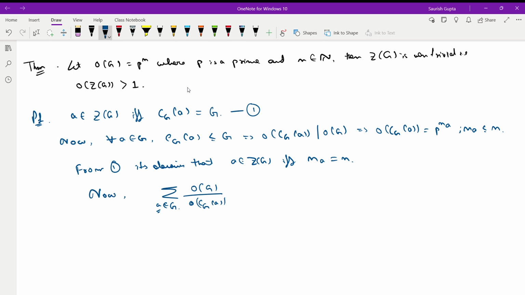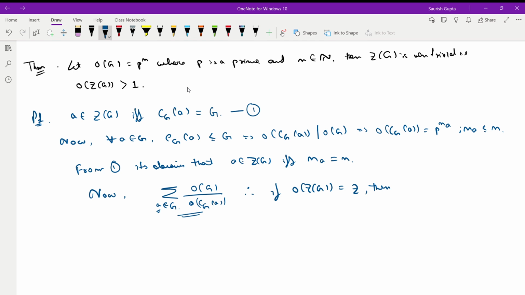The number of times we will be ending up with an element in the center, we will get 1 every time, right? Therefore, if the order of Z(G) equals z, then this summation will give us z plus the summation over the terms where n_A is less than n. What I specifically mean is that whenever A becomes an element in the center, n_A becomes n, so the summand becomes 1.